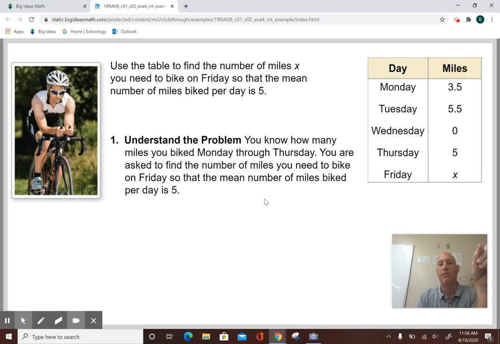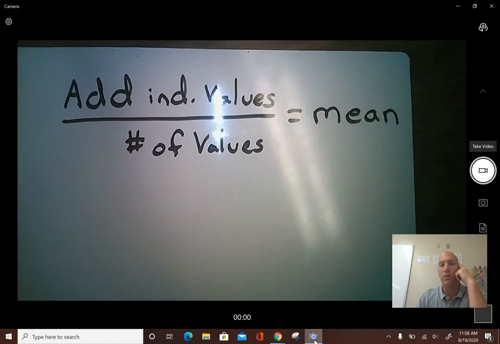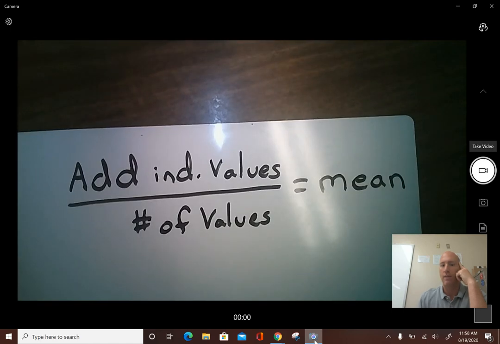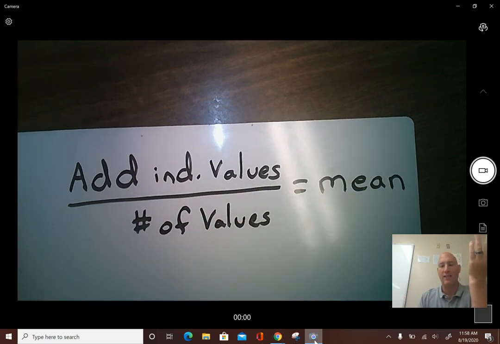They said we wanted to find the mean. So you know how to find the mean. In other words, you have to think of this formula. You add the individual values, you divide by the number of values, and that equals the mean. It's a concept, but you can think of it as a formula.